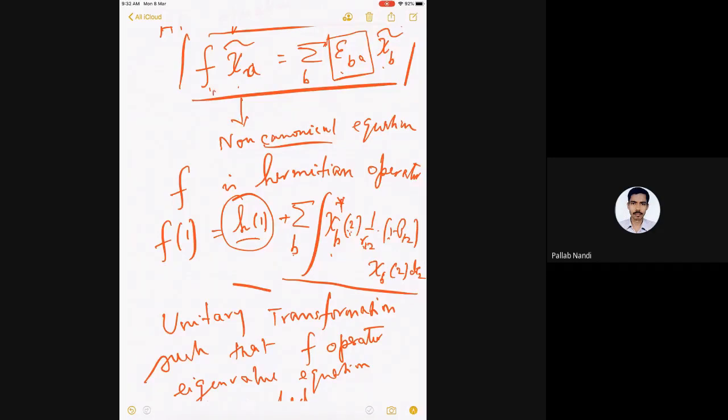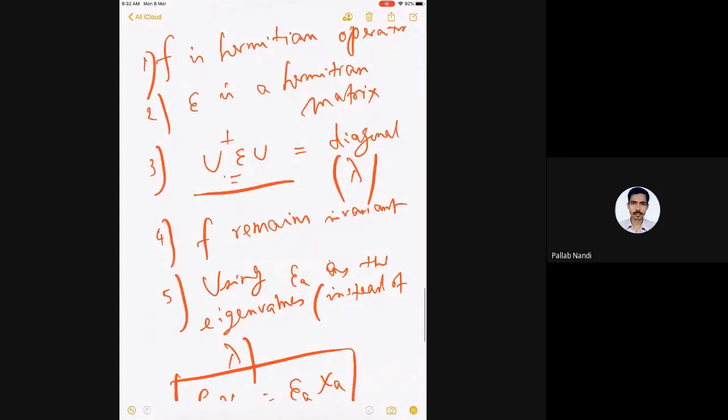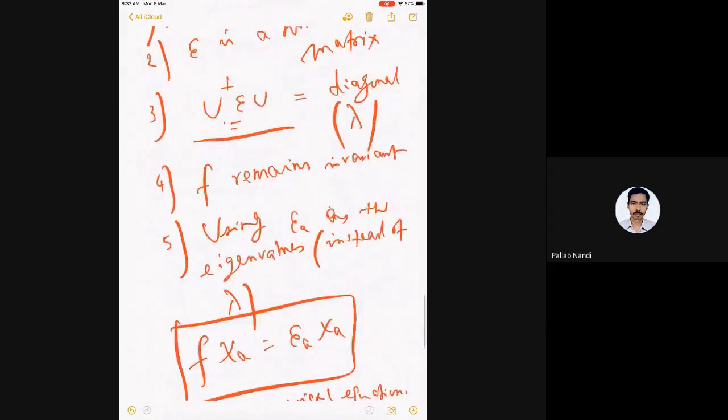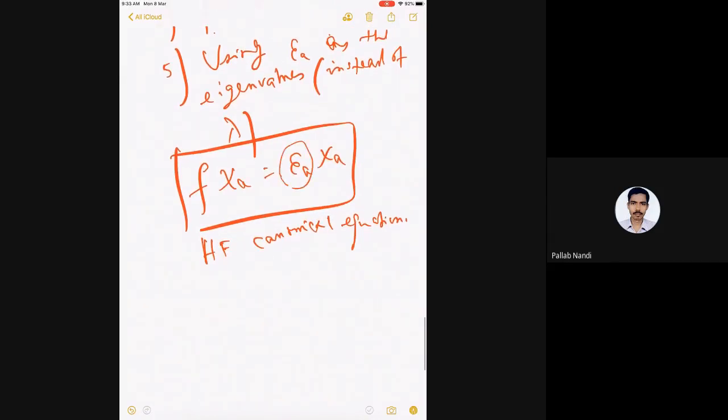If it is a Hermitian operator, this is a Hermitian matrix. If it is a Hermitian matrix, I can always find a unitary transformation. So that's the transformation I found. This diagonal lambda, I'm now calling epsilon. It doesn't matter. The unitary transformation makes this invariant, and then I get whatever the eigenvalues are. In terms of that, I can write this. Is the procedure clear? The basis set will come now.